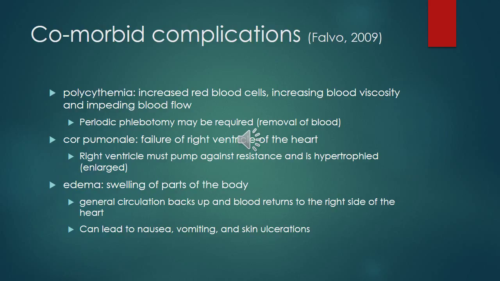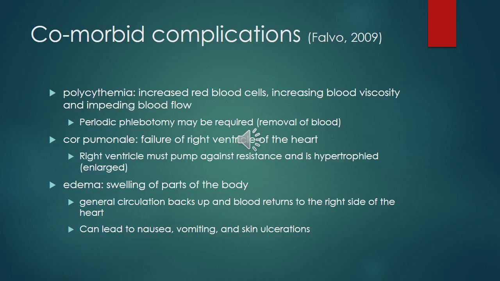So let's go into a little more depth related to the comorbidity issues related to COPD. As somebody develops and has progressive COPD, they can actually suffer from a condition known as polycythemia, and that is increased red blood cells within the system, which ultimately makes the blood thicker, increasing viscosity, and that makes it a little bit more difficult for the blood to flow throughout the body.